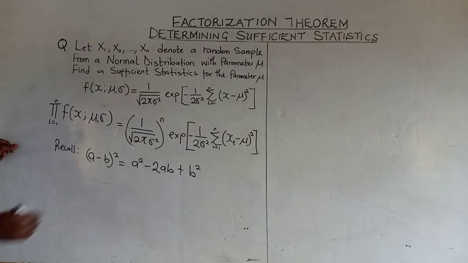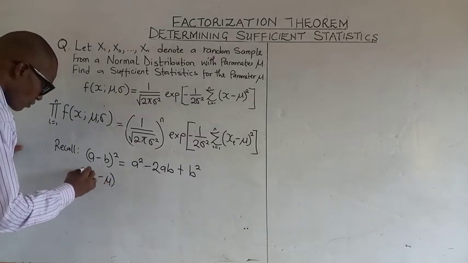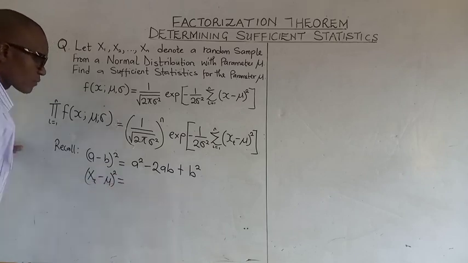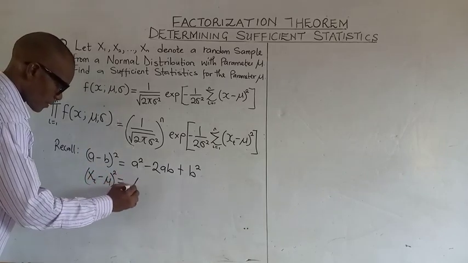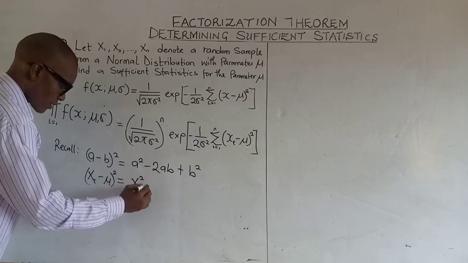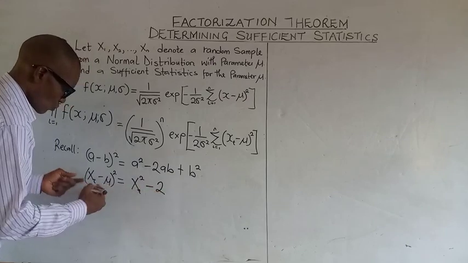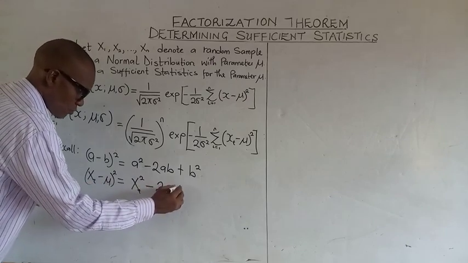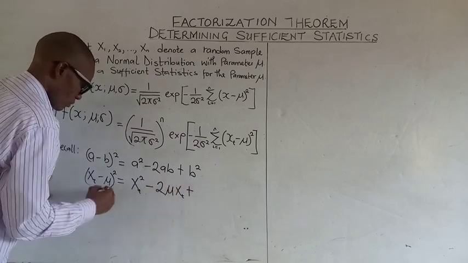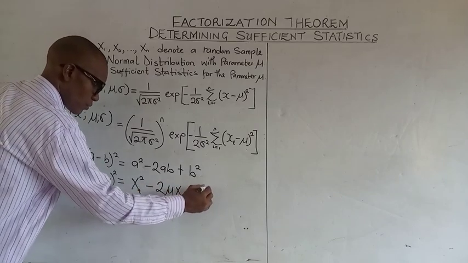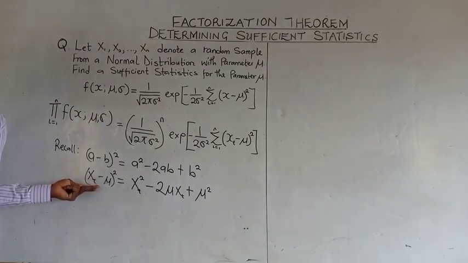In the same vein, if we have x_i minus mu all squared, we'll have the same thing here. That means x_i squared minus 2 mu x_i plus mu squared.